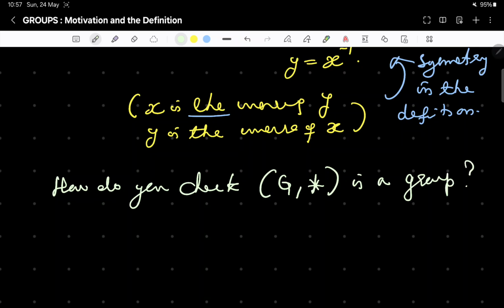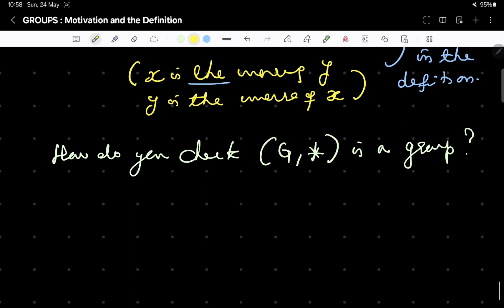Okay, so this is a question, right? If you're given something, how do you know that this is a group? So we need to observe some facts, right? That means why this definition is interesting, because this stands out, right? So why is it interesting?